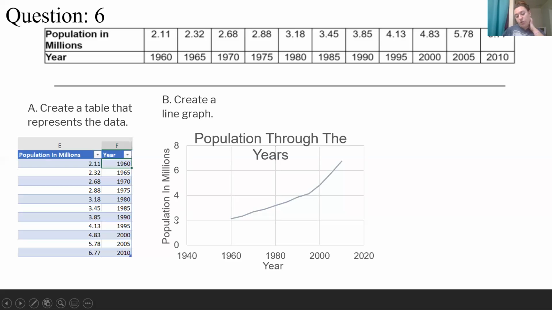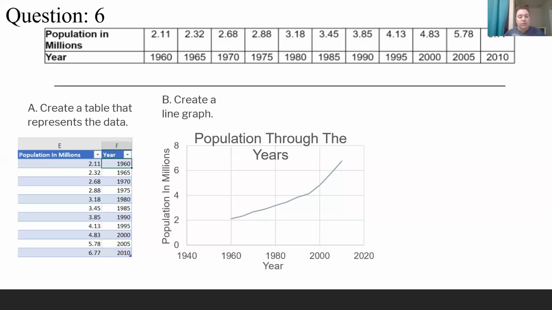So it's going to be 2 million, 4 million, 6 million, 8 million, and then down here I have the years. I did it per every 20 years pretty much, 1940 to 2020, because our data goes from 1960 to 2010, so I just thought to give it a little bit of space. I didn't have to start exactly at 1960, but whichever will show your graph the best.